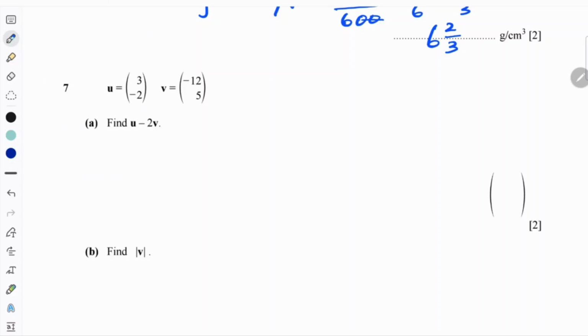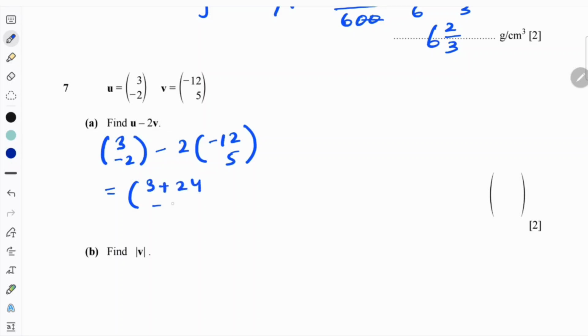So U is (3, -2), minus 2V is minus 2 times (-12, 5). 2 times 12 is 24, so 3 plus 24, and -2 minus 10, because 2 times 5 is 10. 3 and 24 together is 27, and -2 and -10 is -12. So the column vector is (27, -12).